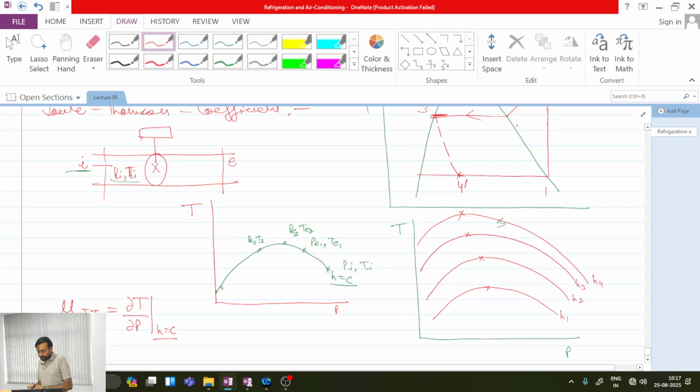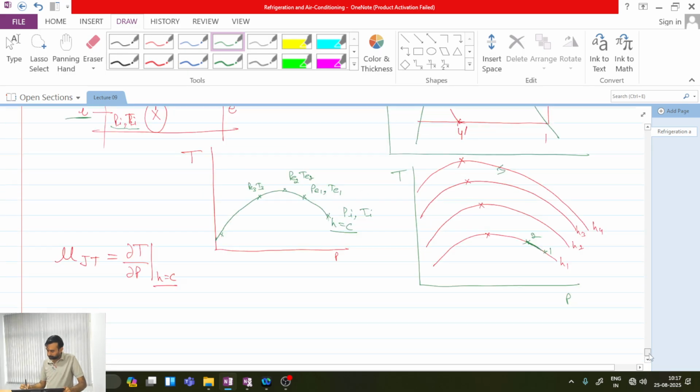On the right side of this point, what is my slope? If say I start from this initial condition and this is my exit condition, 1, 2, what will be slope? T2 minus T1 divided by P2 minus P1.